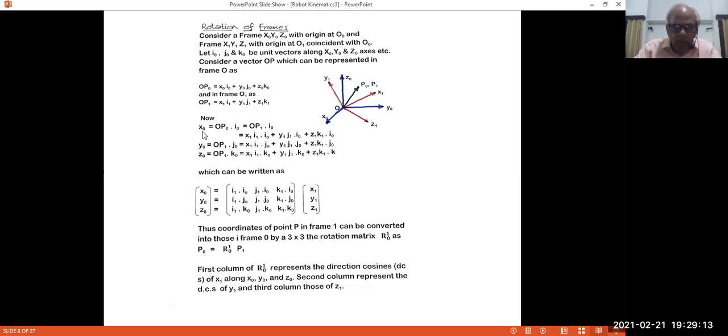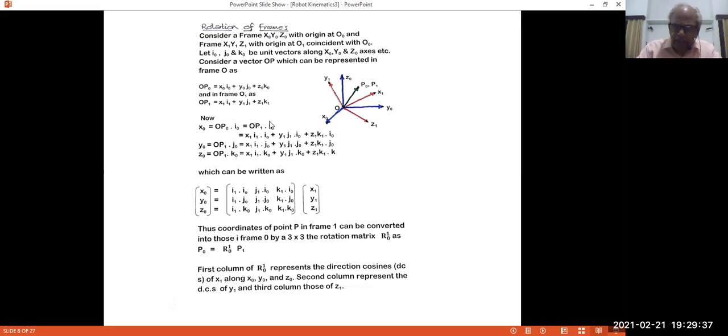Okay, now if you look at the x component of this vector OP with reference to frame 0, it can be written as OP0 dot i0 as a dot product. OP0 and OP1 being the same, the dot product of i0 with OP1 is also the same, x0.